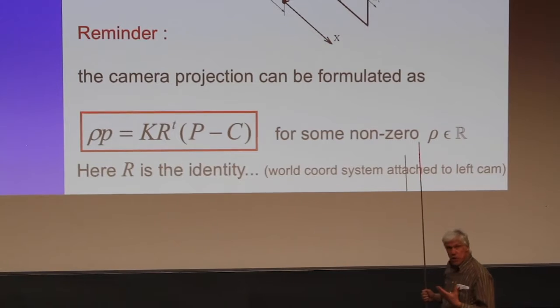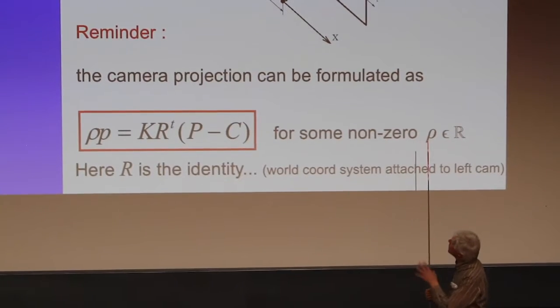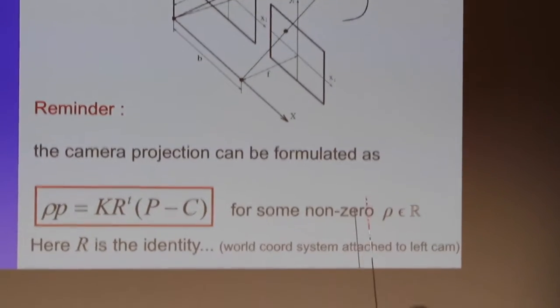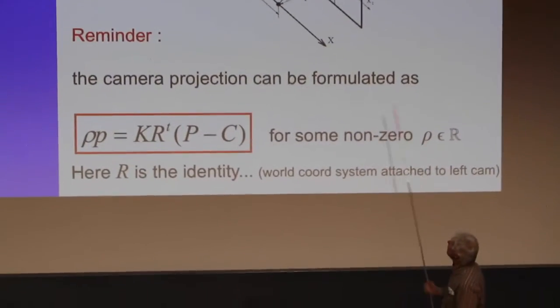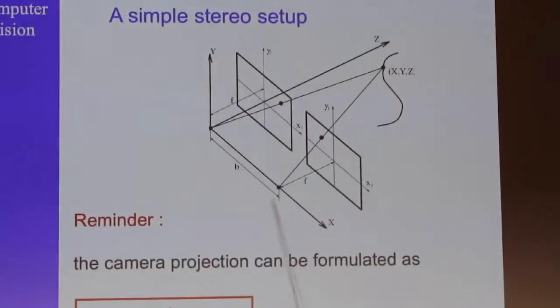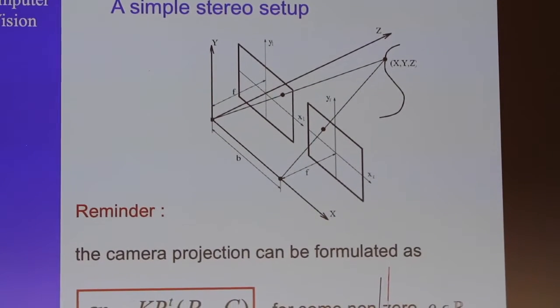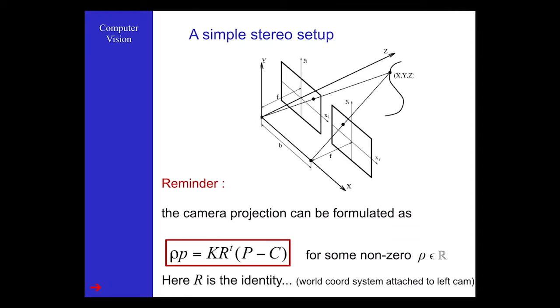Okay, now we have to specialize this for our particular setup as we find it up here. First thing to note is the world coordinate system, capital X, Y, and Z here, is locked in to the camera on the left.